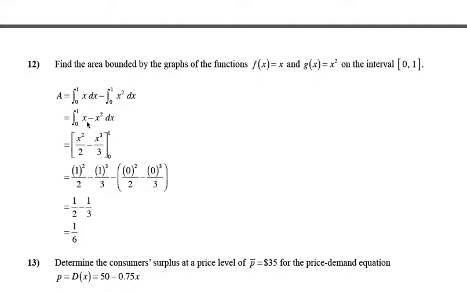Using the power rule, the antiderivative of x is x squared over 2, because the exponent here is 1. 1 plus 1 is 2, and the reciprocal of 2 is 1/2, so that's 1/2 times x, and 1 got added to the exponent here, so that's why this is a 2, x squared over 2.